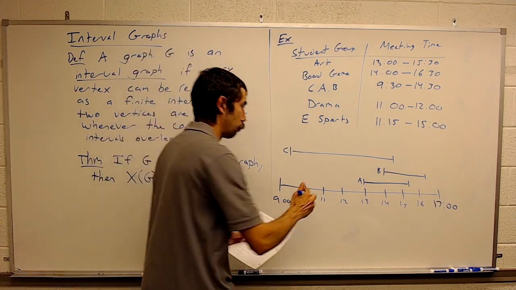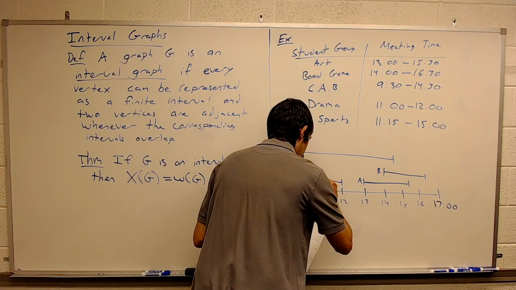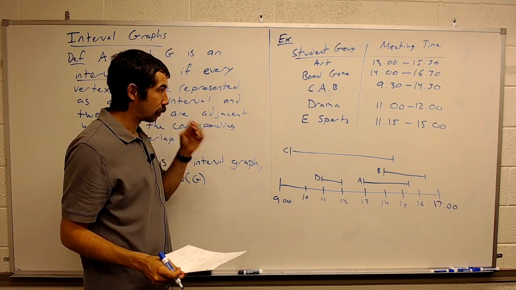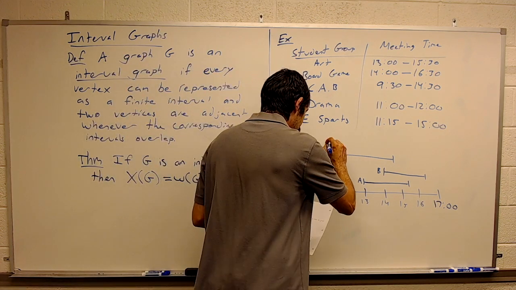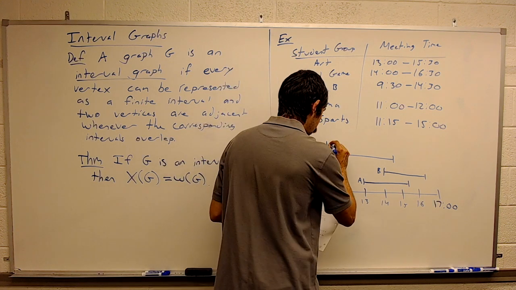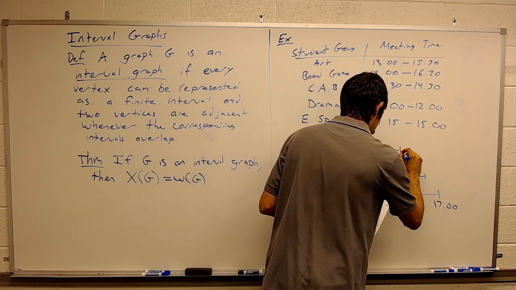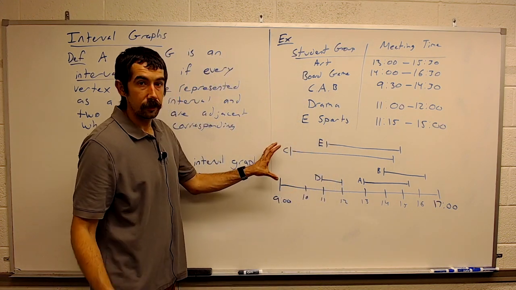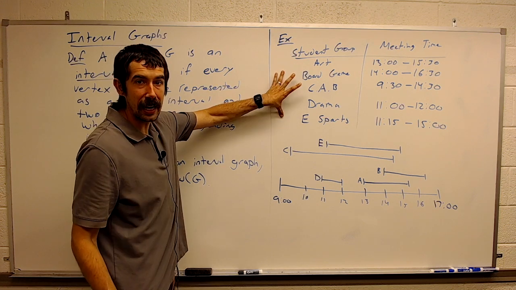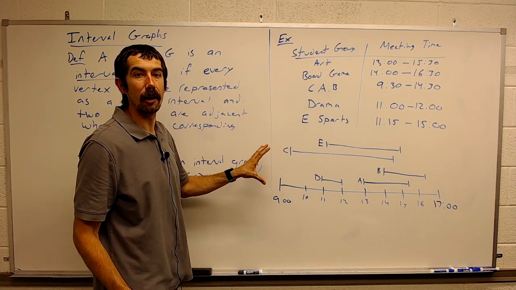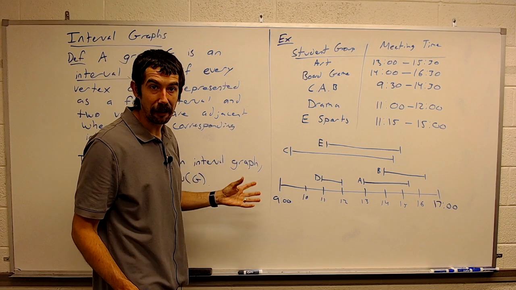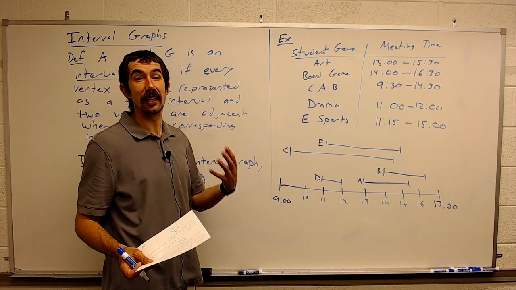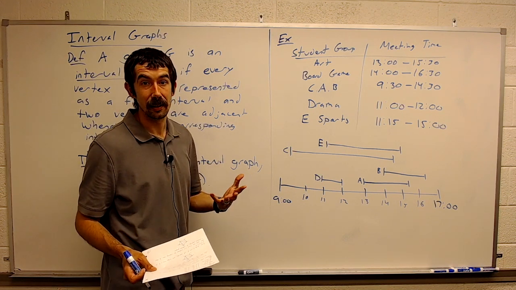Drama, from 11 to 12. And then finally, esports, 11:15 to 15. All right, so you see how we went from our table to these intervals. And now we're going to go from these intervals to a graph. And we're going to color the graph, and that's going to be how we assign these classrooms to these student groups.